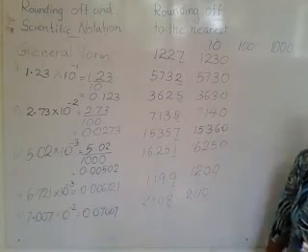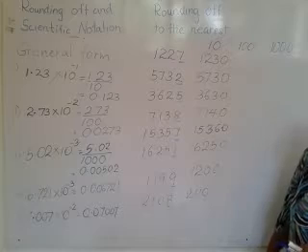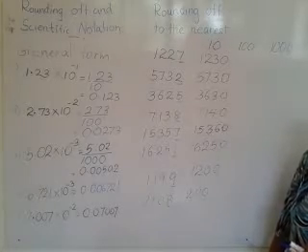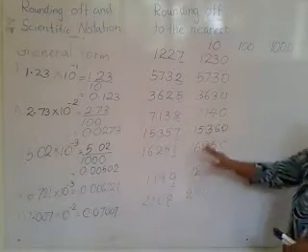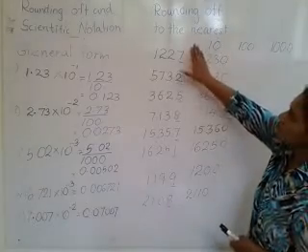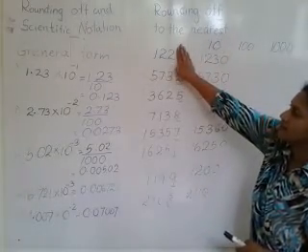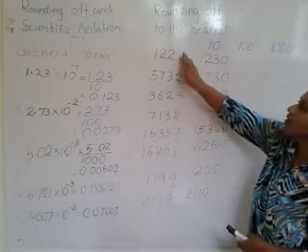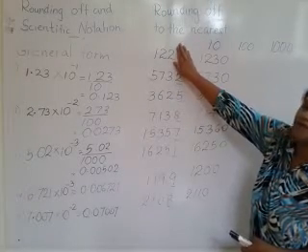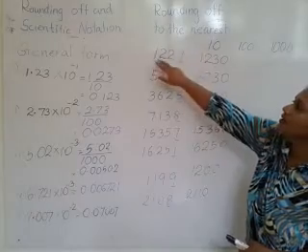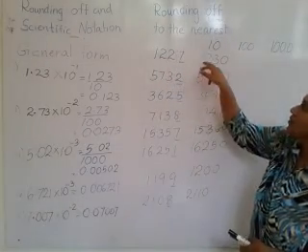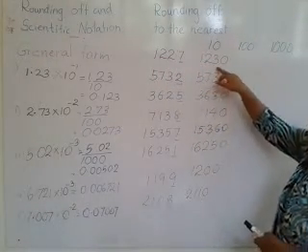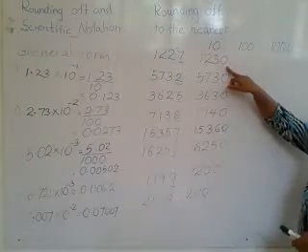If the digit is 5 or more, we must add 1 to the previous number. Neglect the last digit. It is 122. More than 5 means we must add 1, then it becomes 123, and the last digit will be 0.